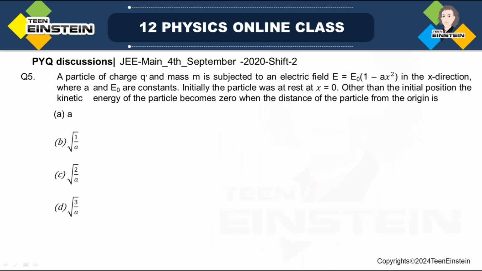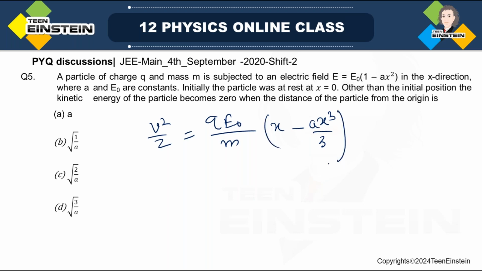Okay, so first of all, we have got v square by 2 is equal to q E0 by m. This is the acceleration, and then we had the integration x minus a x cube by 3. Okay, so this is what we have got now.